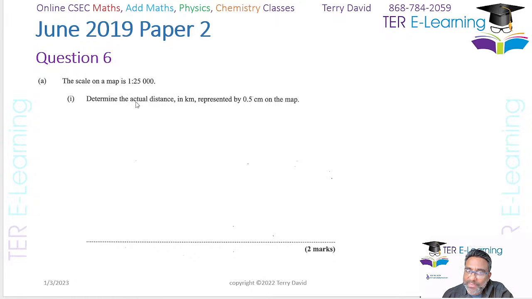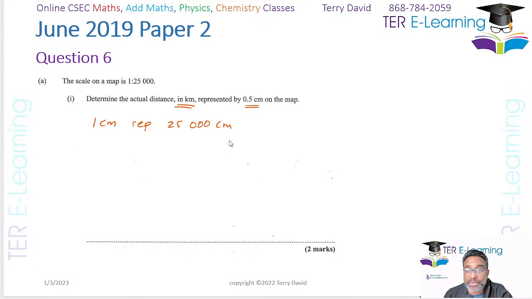What does that really mean? That means that 1 cm on the map represents 25,000 cm. Now, the question wants me to find the actual distance in kilometers if I have 0.5 cm on the map. So check this out.